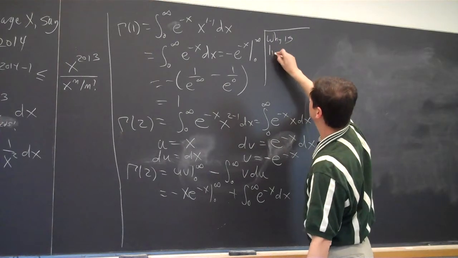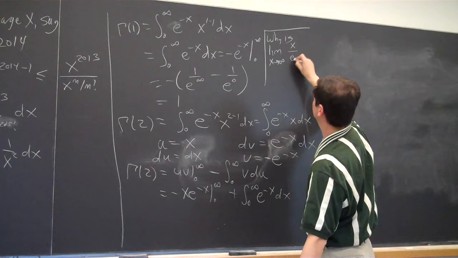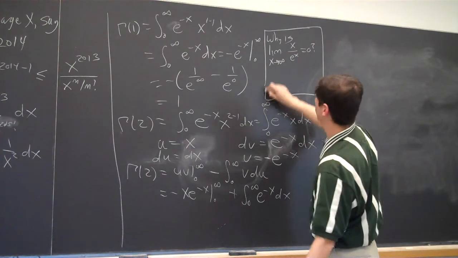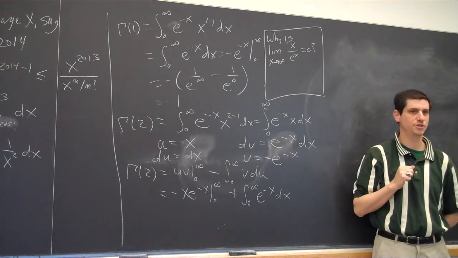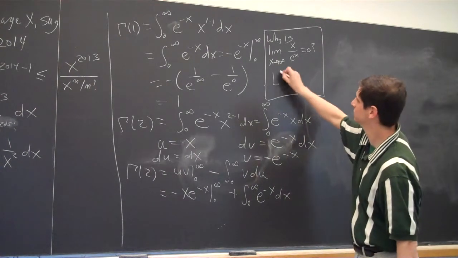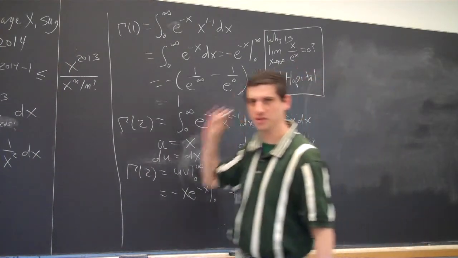Why is the limit as x goes to infinity of x over e to the x equal to 0? I will accept a one-word solution. You got to remember something from a calc class. L'Hopital. And there's some accent marks somewhere in the name.